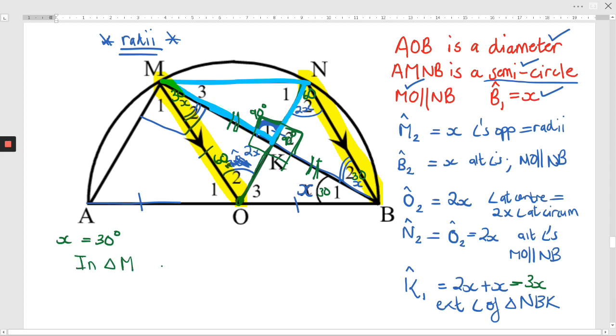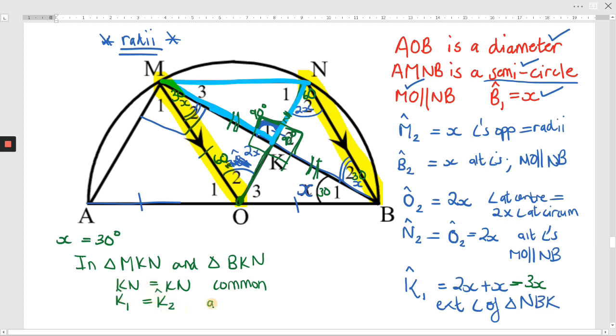In triangle MKN and triangle BKN, what I have is, there's also this common side here, okay? So I'm going to say KN equals KN common. I've got the angle K1 equals K2.